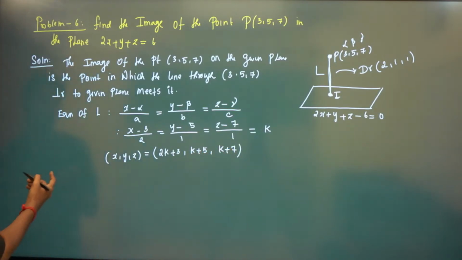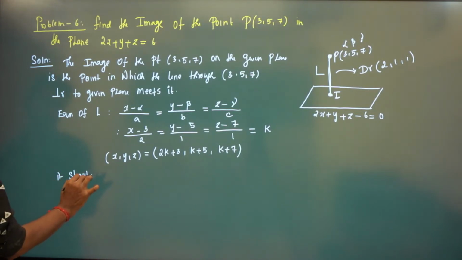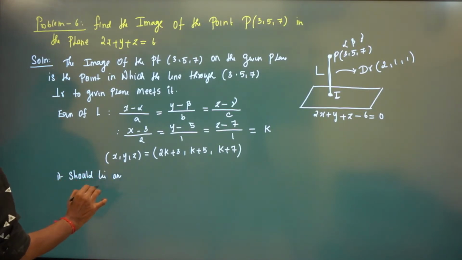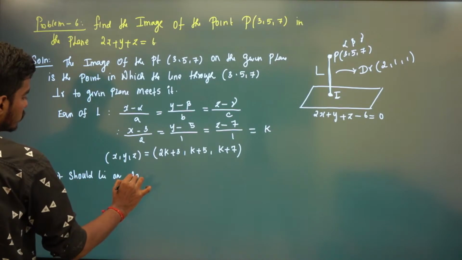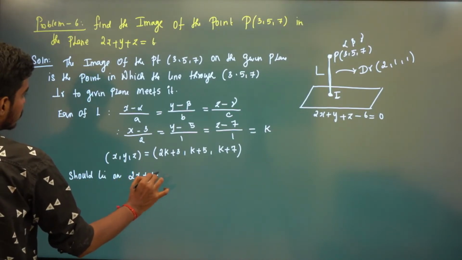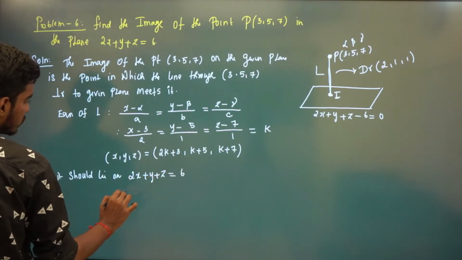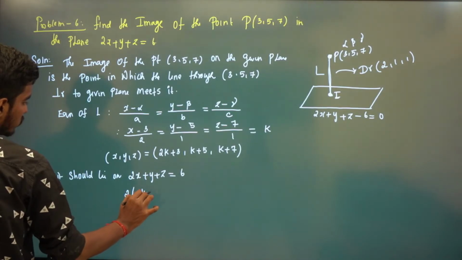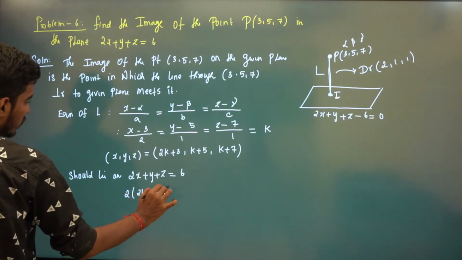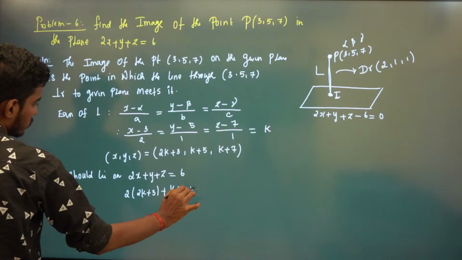Now this point should lie on the plane, right? So 2x plus y plus z is equal to 6. So 2 times (2k plus 3), plus (k plus 5), plus (k plus 7).